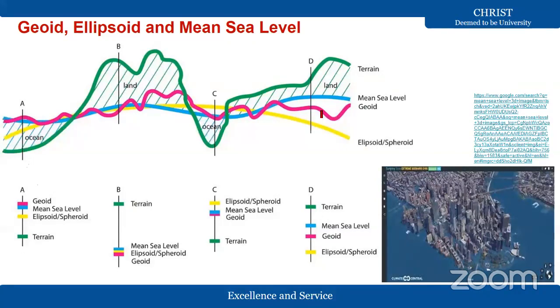Actually, in leveling we measure from the mean sea level. For civil engineering applications in every country, we measure the relative elevation of points with reference to mean sea level, or we take any arbitrary datum.